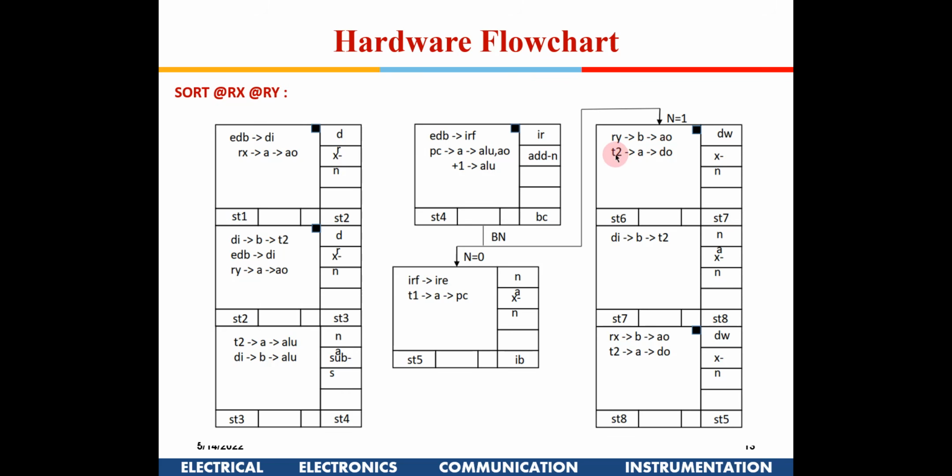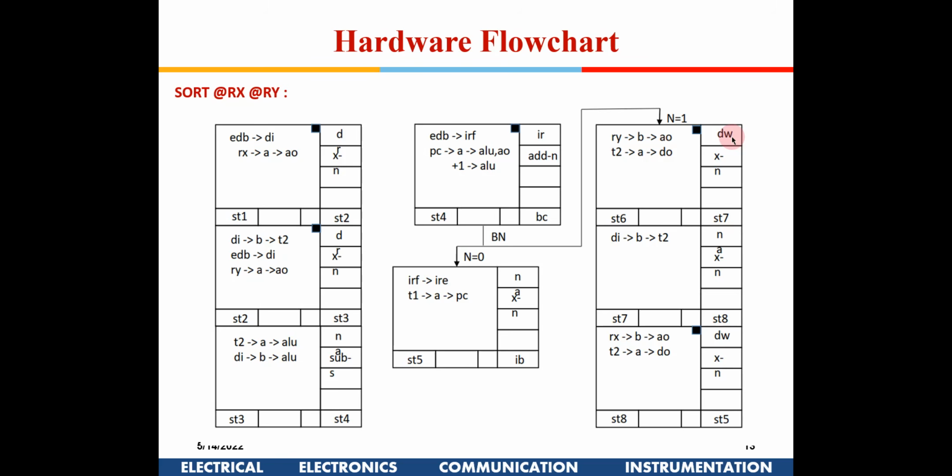So the contents of Rx, initially stored in T2, will now be written into the memory location pointed to by Ry. You see, into the memory location specified by Ry, you have the earlier contents of Rx written here. So one data gets swapped. Now you have to do the other data also.